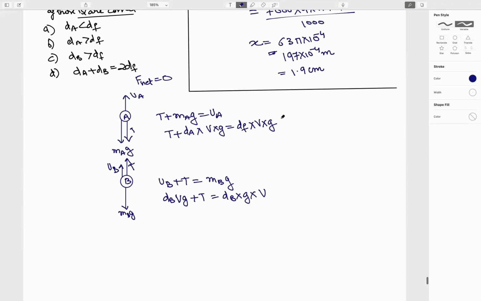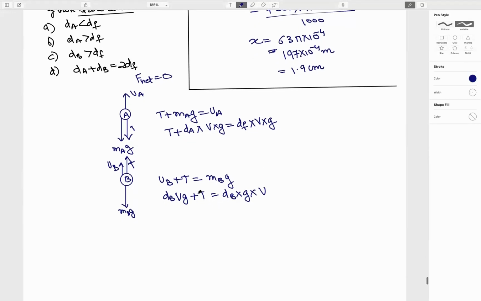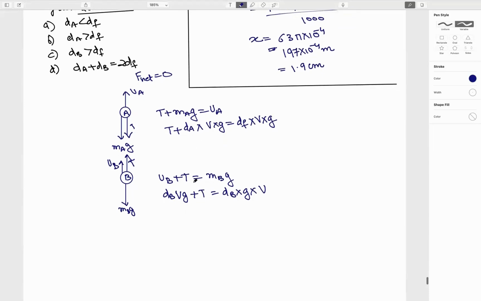So using these two equations, if you subtract this from this equation, or you can equate T from these two equations, what we get is dF into V into G minus dA into V into G should be equal to, oh sorry, this is not dB, this is dF.